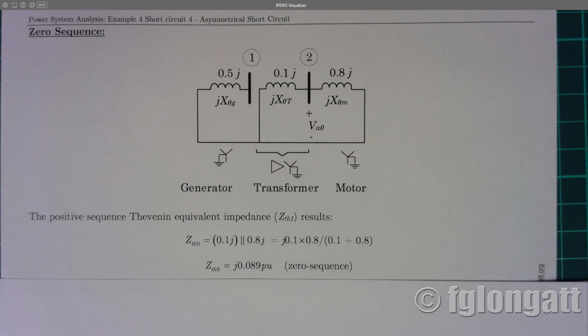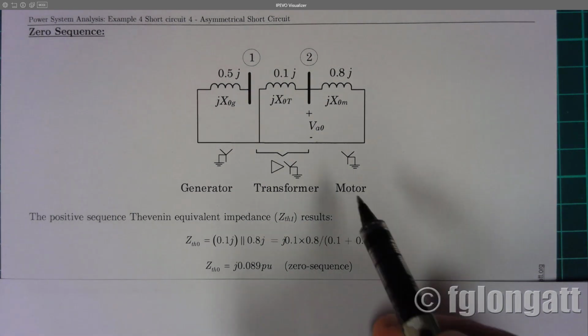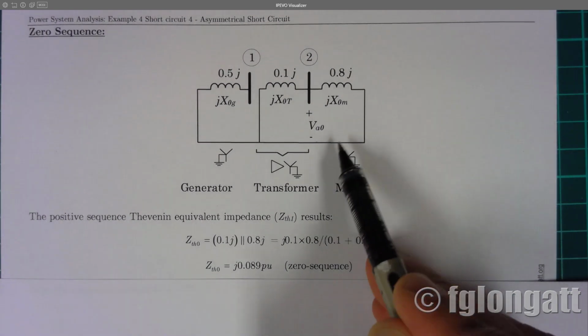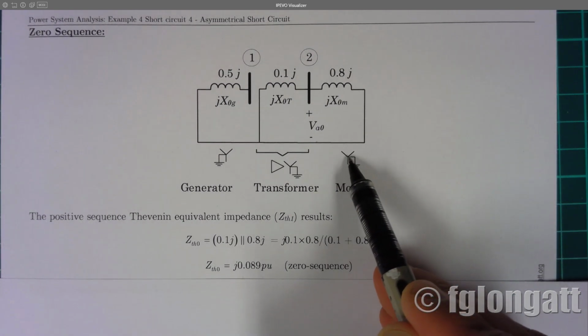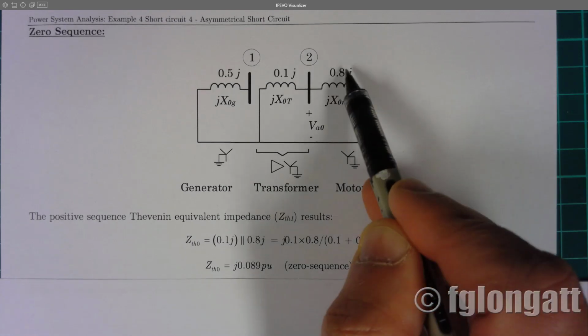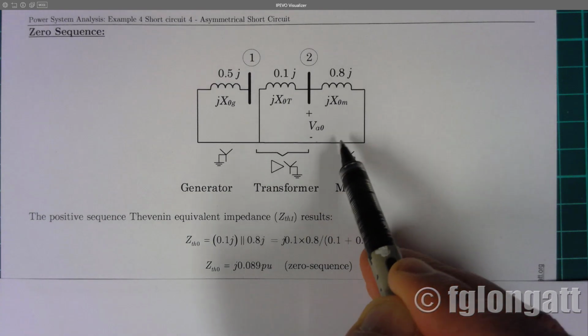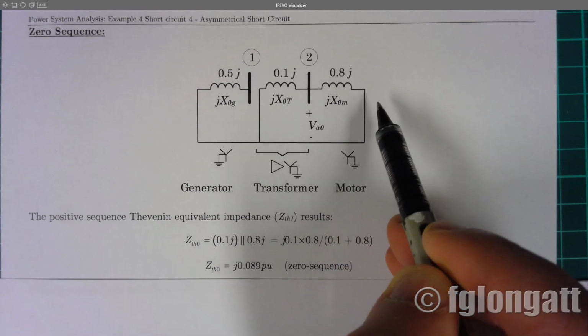For zero sequence, you must remember, this is the synchronous motor. The synchronous motor is directly connected, the neutral point to ground. As a consequence, here we have the zero sequence model of the synchronous motor.